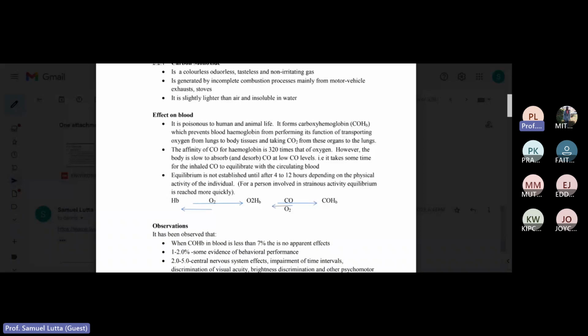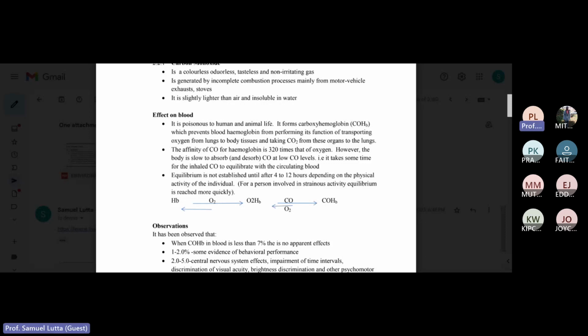It competes with oxygen for hemoglobin. Its affinity is about 320 times that of oxygen, so when oxygen and carbon monoxide are both present, hemoglobin will go for carbon monoxide.